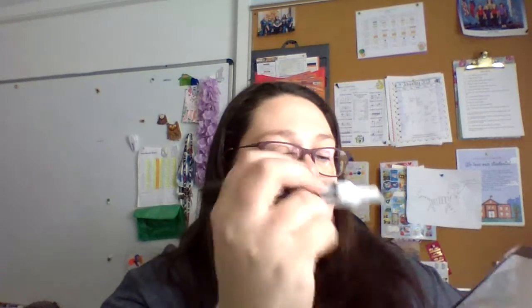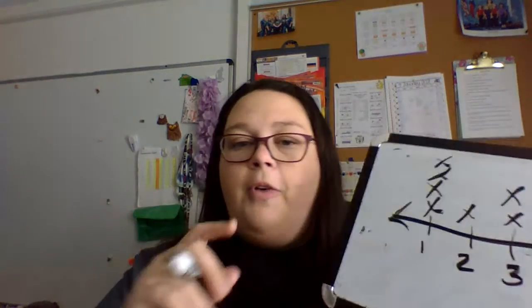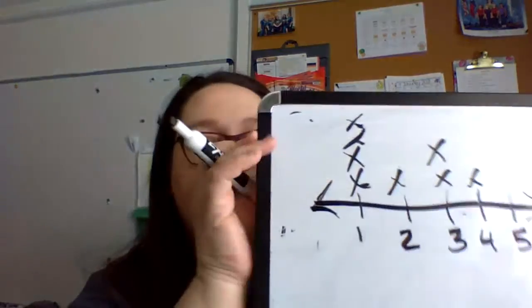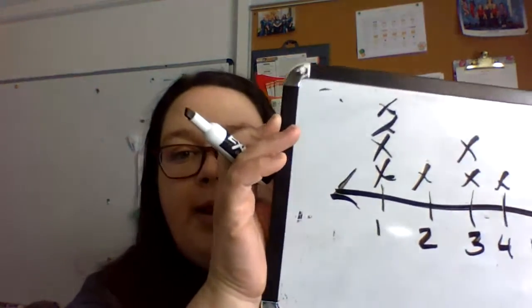So let's just say that you picked out 2 books, and your friend picked out 3 books, and another friend picked out 3 books, and then I picked out 4 books, and everybody else in our class picked out 1 book. So then we have 1, 2, 3, 4, 5, 6, 7, 8 people who were picking out books.